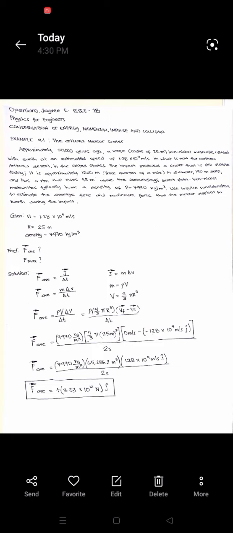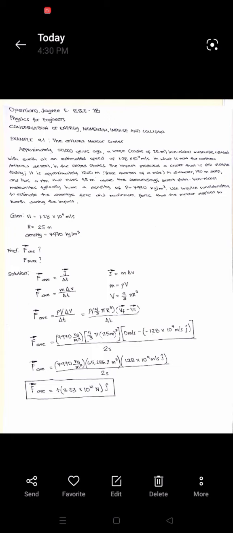So density, times the volume of the meteor, which is 4/3 pi r cubed, times the final velocity minus the initial velocity, over time.